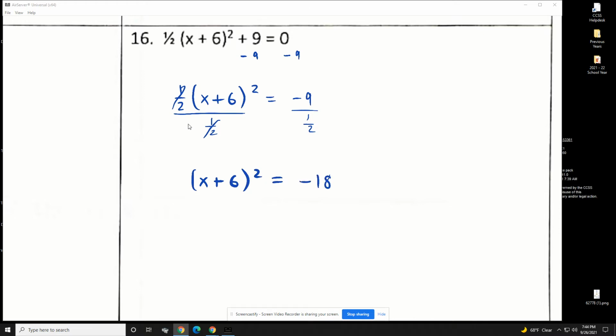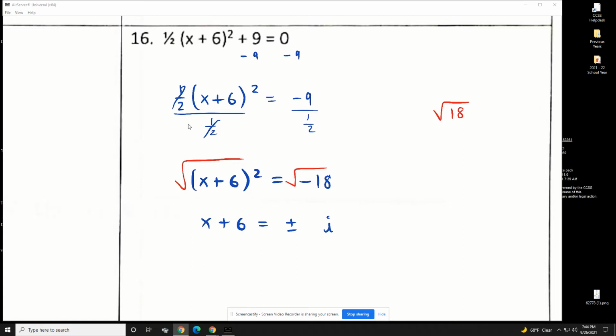So next we're going to take the square root of both sides. So x plus 6 will equal plus or minus. How does that negative come out? As an i. But what about that 18? It's not a perfect square, so it doesn't just get to come all the way out like that other one did.